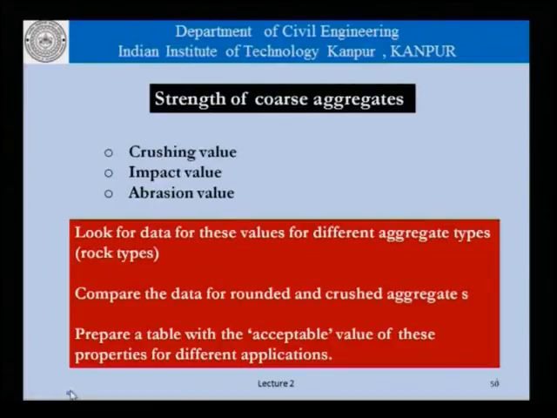As you can imagine, different concrete applications may require different strengths of aggregate, and therefore different specifications may lay down different values as far as impact strength or crushing strength or abrasion strength is concerned as acceptable for that particular application. So comparing that in a tabular form would help you enhance your understanding of the subject.